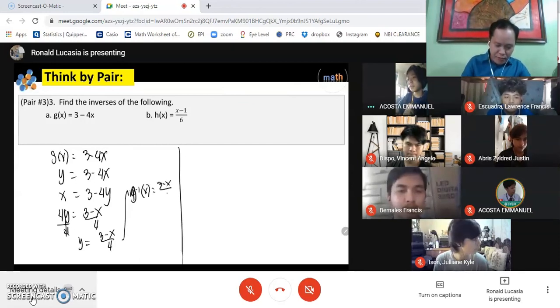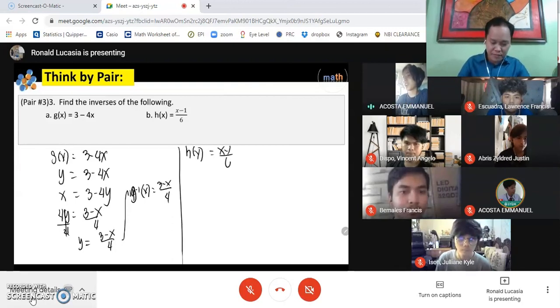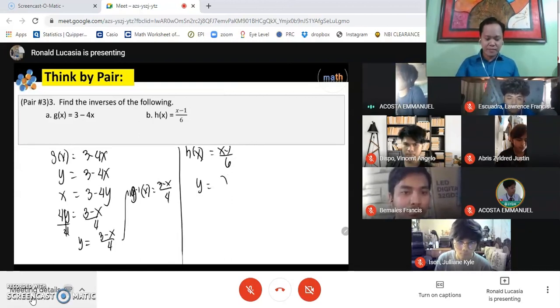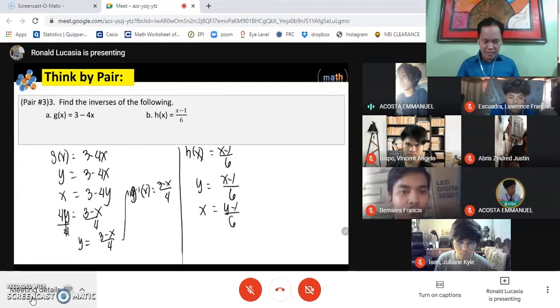So for the second one, make it fast. So y is equal to x minus 1 over 6. Interchange: x is equal to y minus 1 over 6. Then multiply by 6: 6x equals y minus 1.